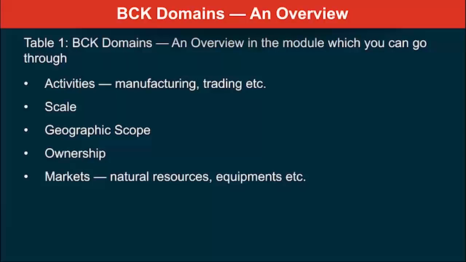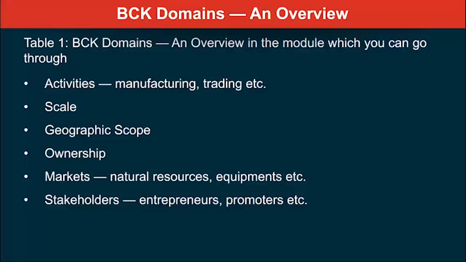Then you have stakeholders, who are internal stakeholders and external stakeholders. Internal as in employees, promoters, entrepreneurs, and external as in your suppliers, customers, government, so many people over whom the company does not have control, right?